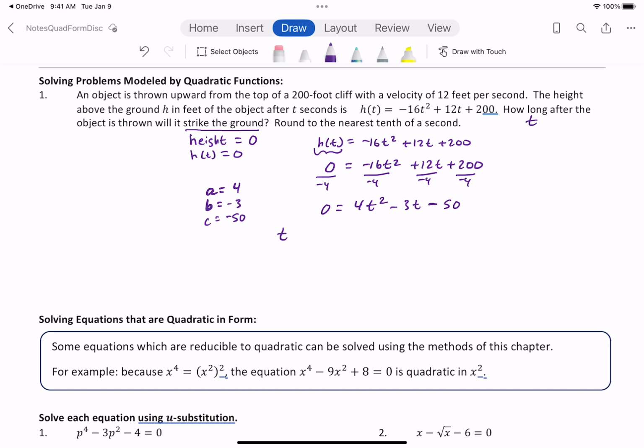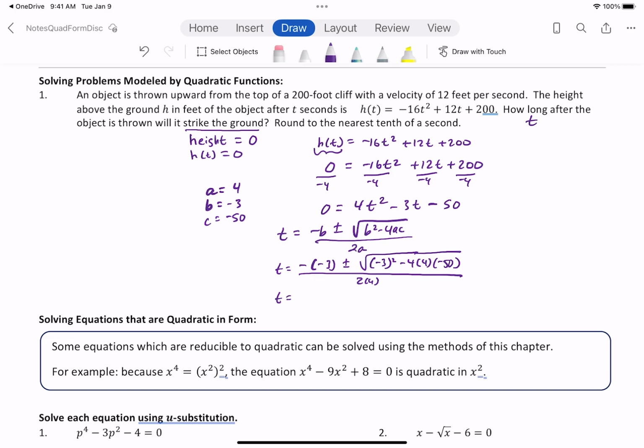So I'm going to write t equals -b plus or minus square root of b squared minus 4ac over 2a. And now we can substitute. My b is -3. Then I'm going to square the b, minus 4 times a times c, and 2 times a.